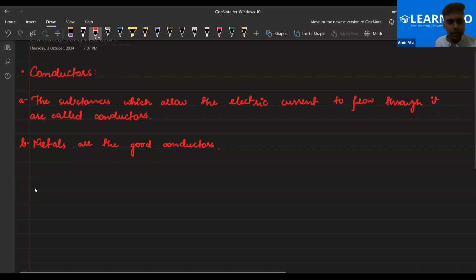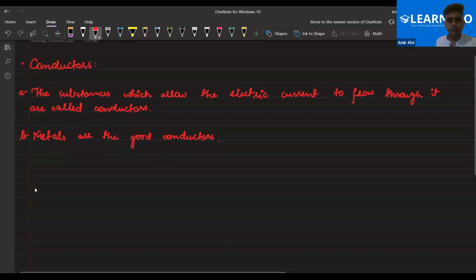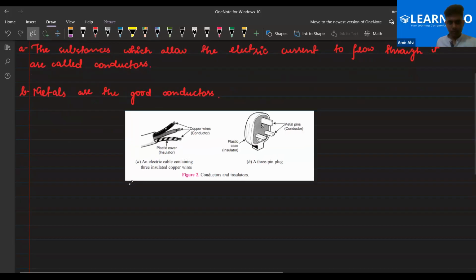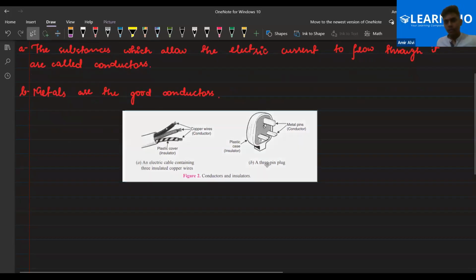Next thing, let me paste a picture so that you can understand. This is how it looks.